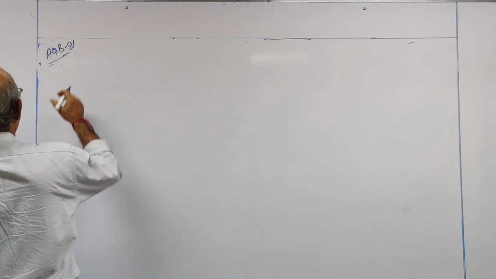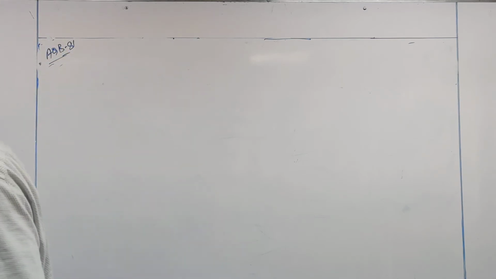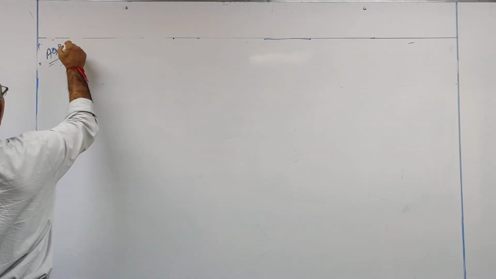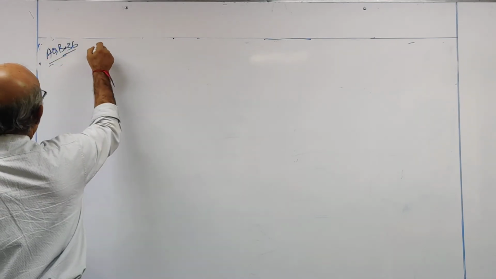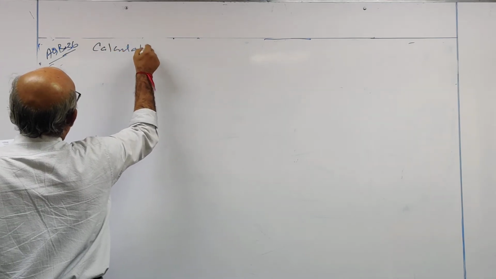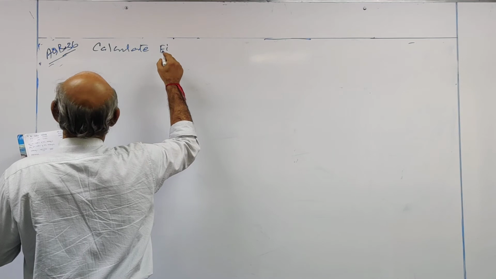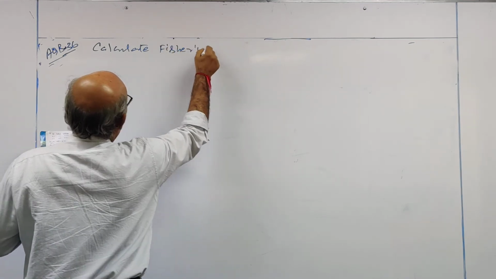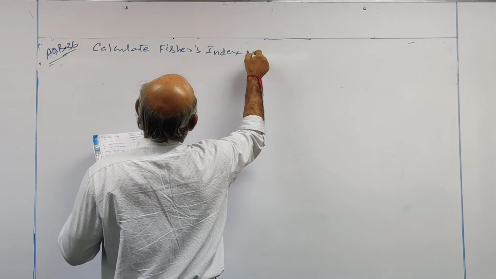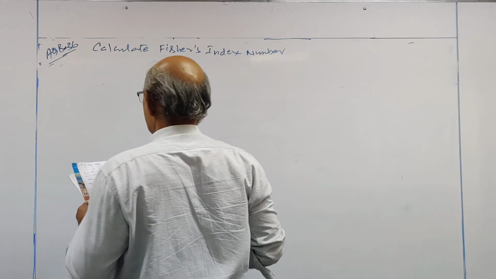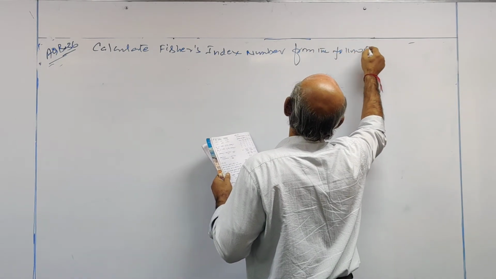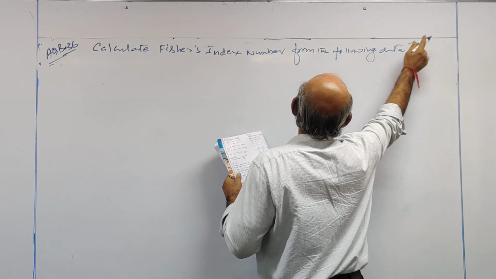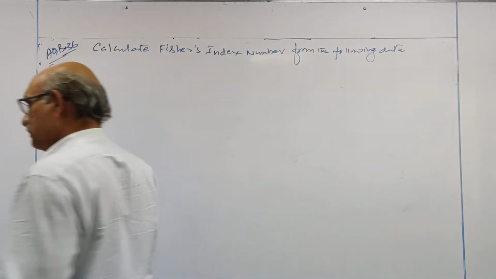Now additional question bank. Additional question bank 36. Calculate Fisher's index number from the following data.